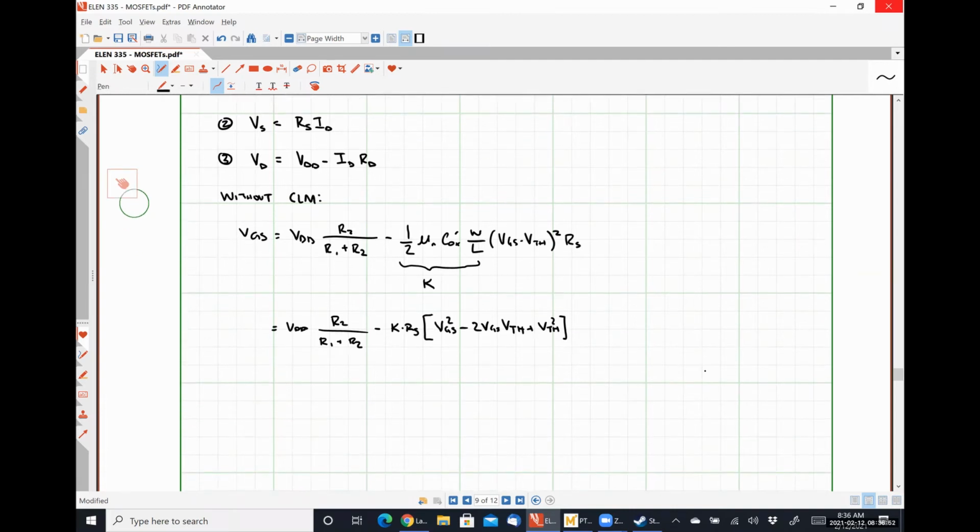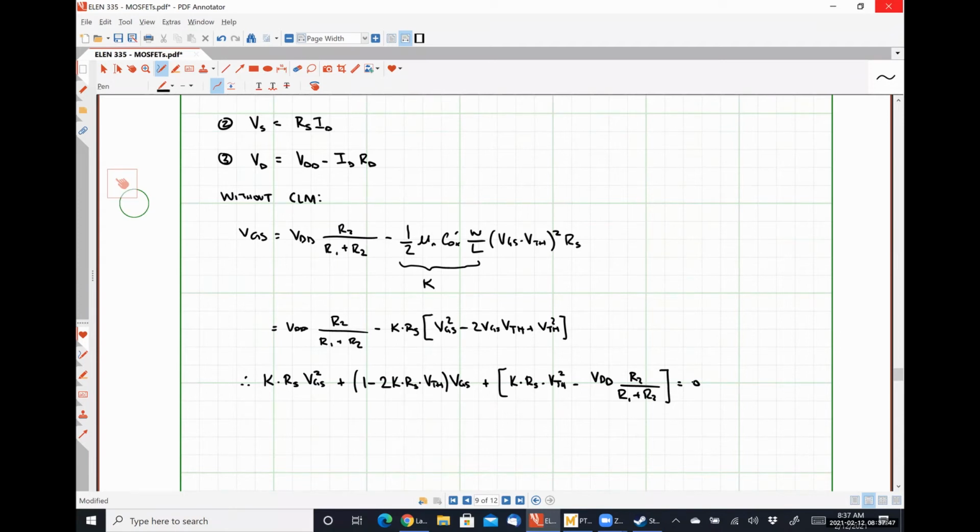And from this, we can rearrange and we will find that we are going to have K times RS times VGS squared, plus 1 minus twice K times RS times VTH, times VGS, plus K times RS times VTH squared minus VDD times R2 over R1 plus R2, is equal to 0.